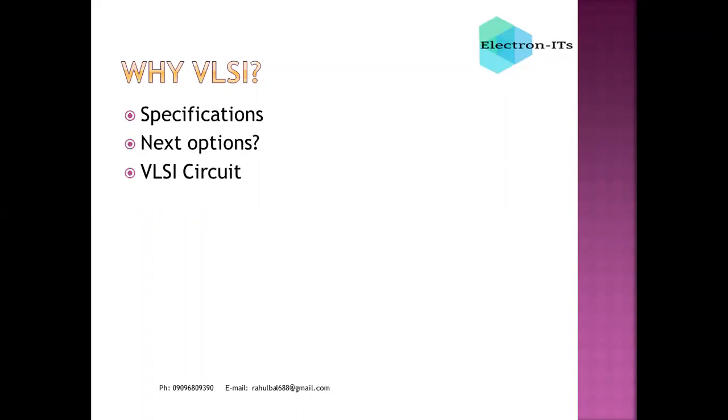First of all we will discuss why we require VLSI. So when you look at the traditional IC flow design, in which we first consider specification and block diagram, then we convert specifications into the truth table, and we simplify the equations using K-map method.